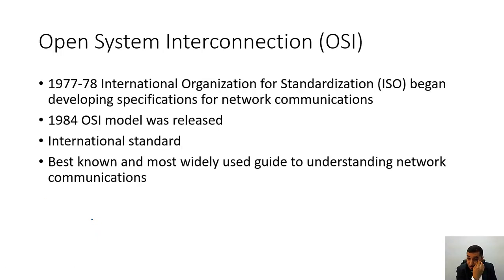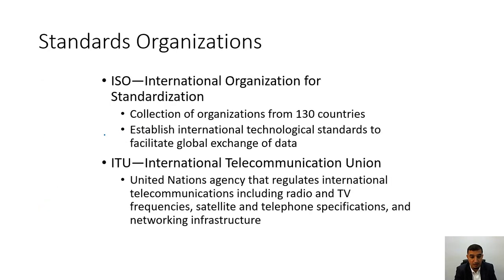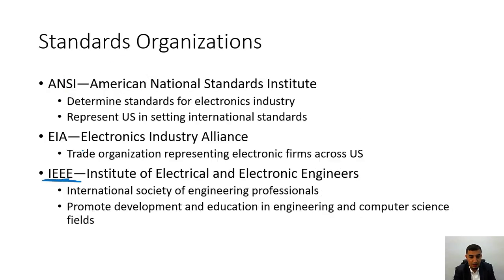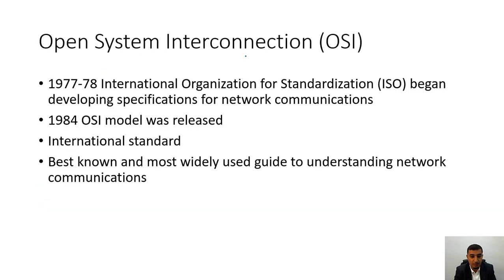The Open System Interconnection, OSI: in 1977-1978, the International Organization for Standards, ISO, began developing specifications for networks. As we said earlier, we have the ISO and we have the IEEE. Now the ISO started with the Open System Interconnection, OSI, and the OSI model, which we are going to talk about later on, was released.